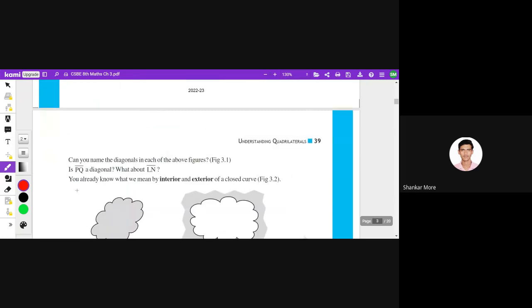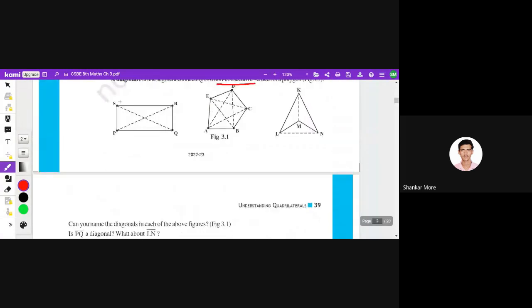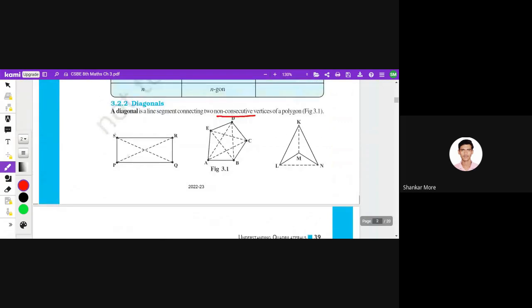But again, we have to consider whether these are interior or exterior diagonals. See, what is meant by interior? If it comes inside the closed curve, then that is said to be interior. And if it is outside the closed area, then that is said to be exterior. If you observe these three figures, tell me which diagonal is in the exterior area, or which is an external diagonal?